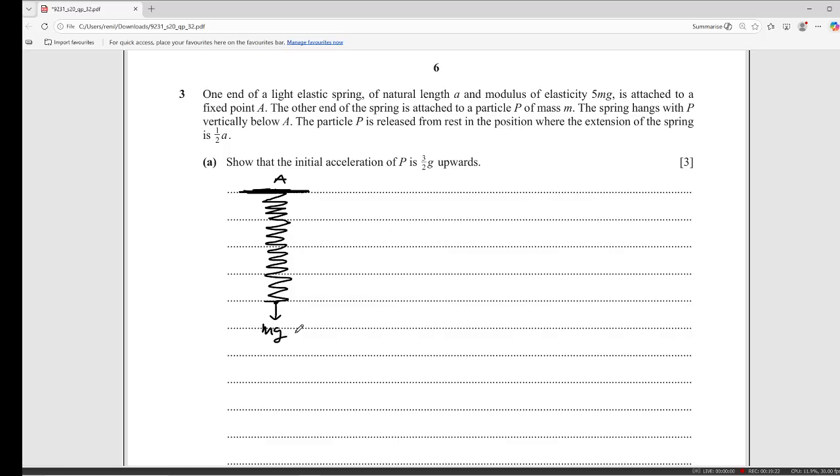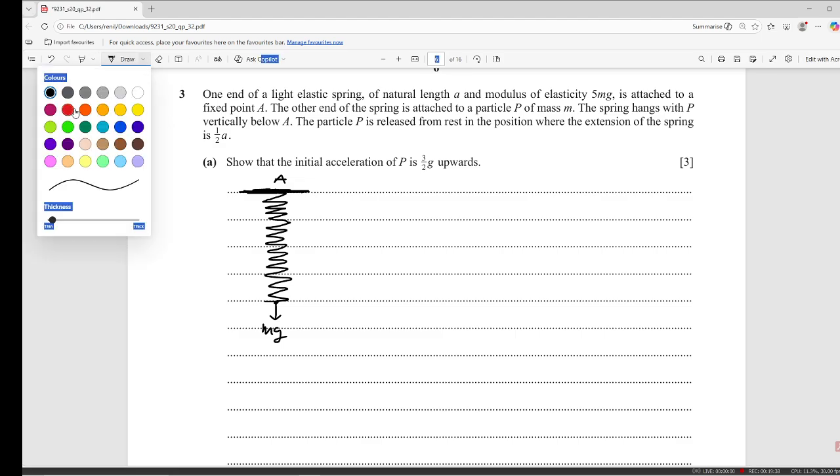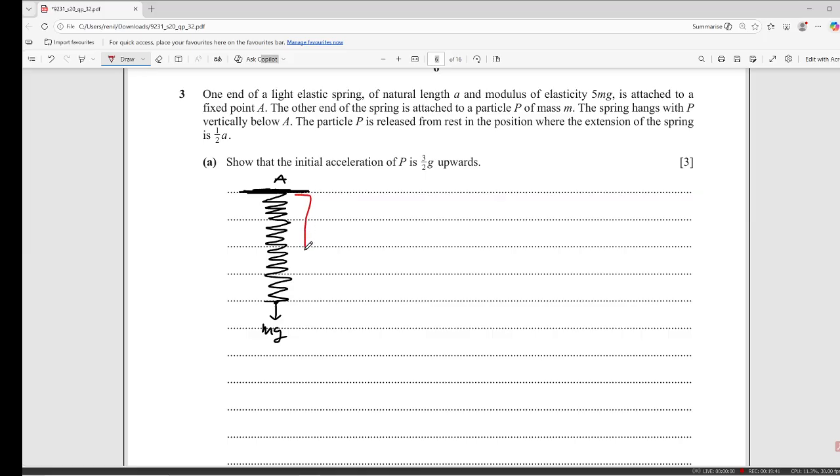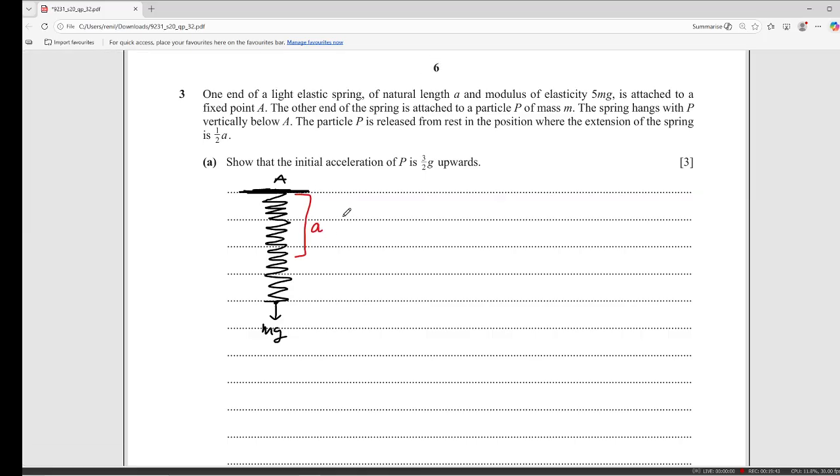Now one thing you should know is that for springs there is always a tension in the spring. So when you compress a spring, there's an equal tension as when you extend the spring by that same amount. Now let's label the diagram for a bit more context. This would probably be A, and it is hanging where the extension is 1 by 2a, so this is 1 by 2a.